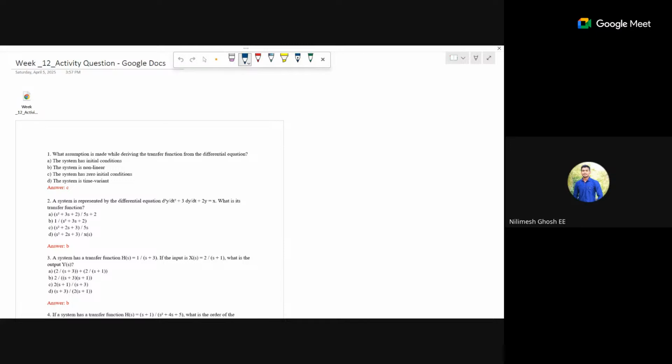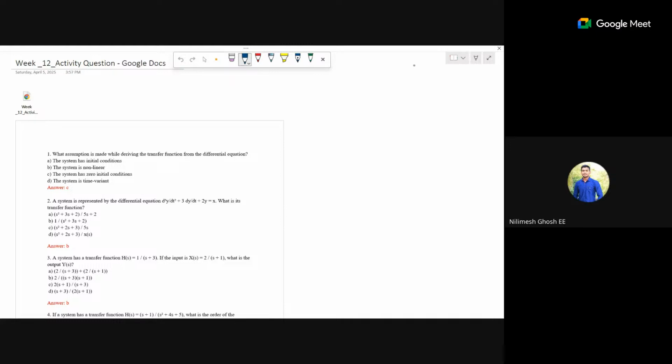Anyone know this? What do you mean by physical no initial conditions? The physical meaning of no initial condition is that all the lumped elements are completely discharged. That means a capacitor has no initial voltage across it, and there is no initial charge in an inductor.